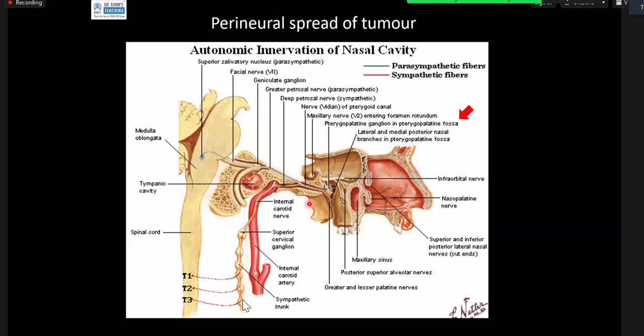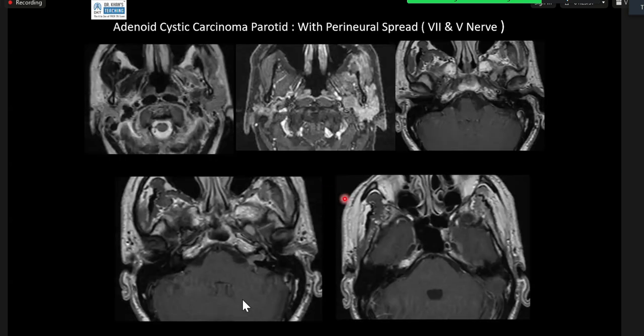So this is the facial nerve, and I told you that portion of the facial nerve, the greater superficial petrosal nerve, produces a ganglion here with branches of the fifth nerve. So I'm showing you a case from our collection in which the patient presented quite a few times with symptoms, but appropriate imaging was not done.